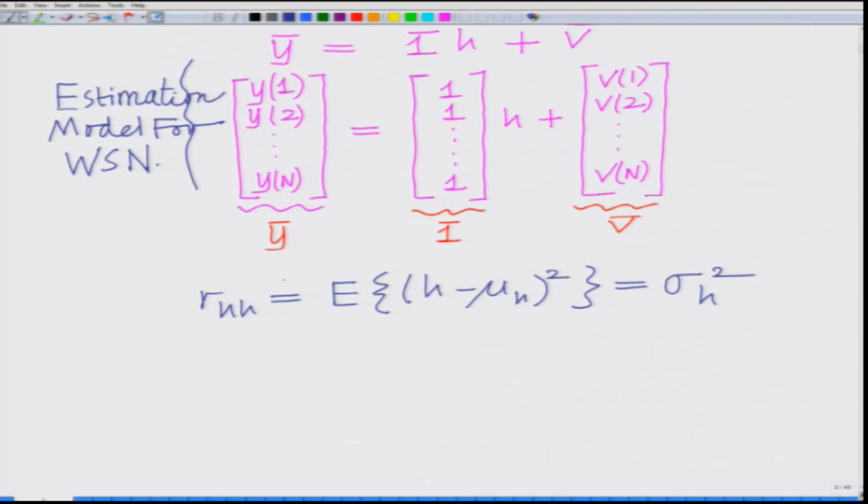More importantly, remember we assumed h to be Gaussian with mean mu h and variance sigma h squared. So, what is this?